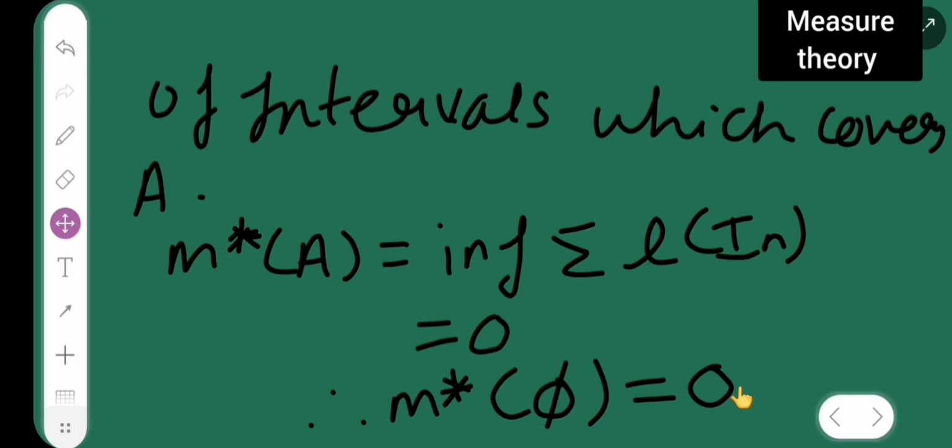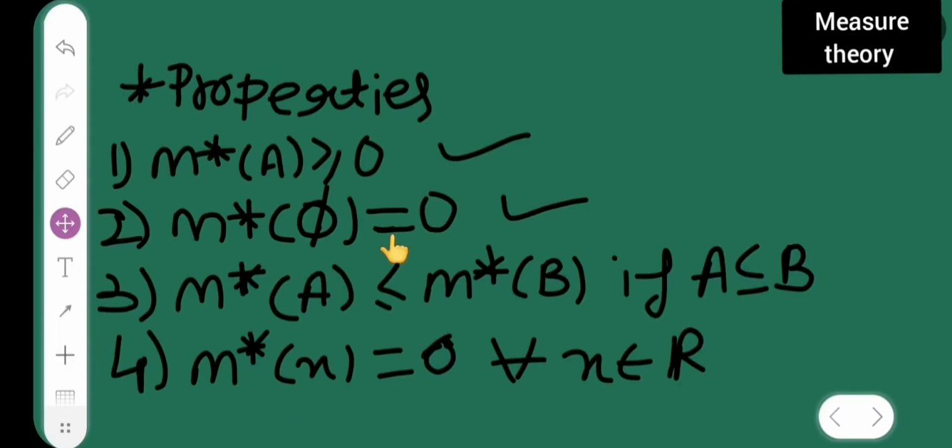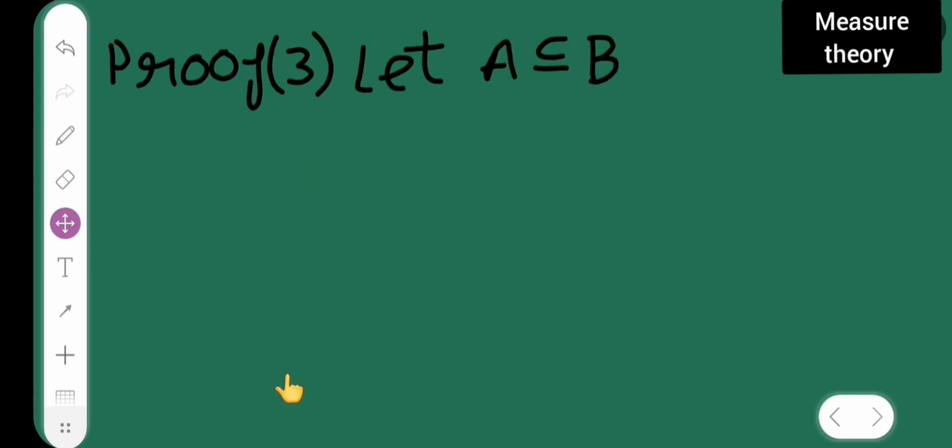Now we will be doing the third one. I will be proving the third property: M star of A, the outer measure of A, is less than or equal to the outer measure of B if A is a subset of B. So the proof is here.